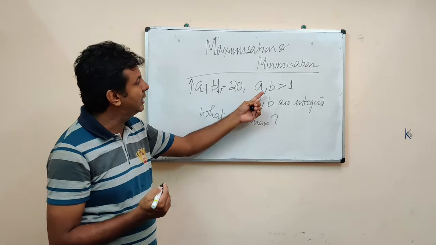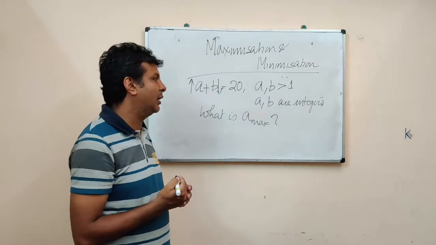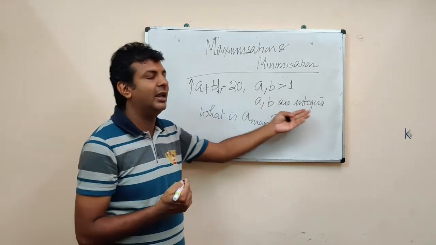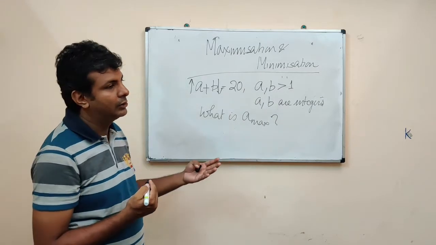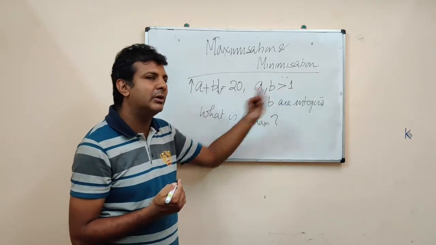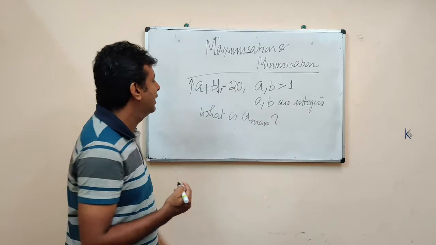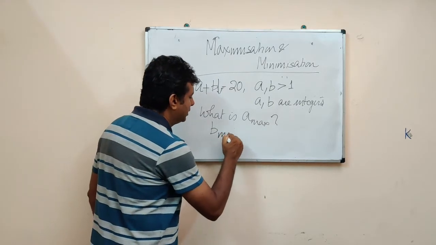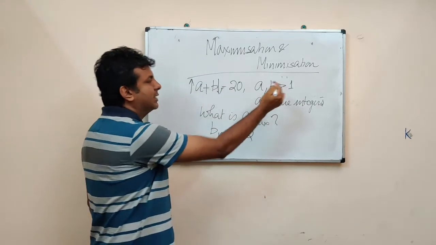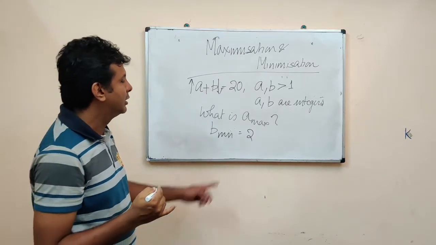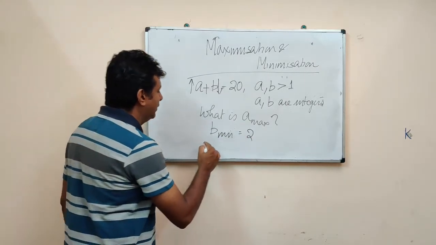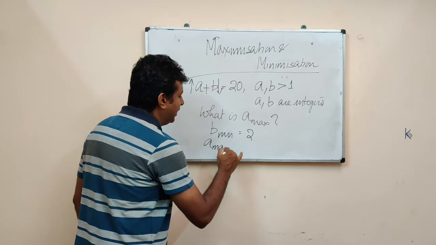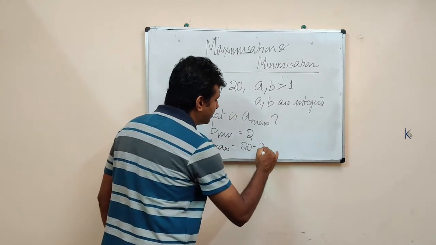No, because it is already said a and b are greater than 1. And can b be any other value other than an integer? No. So, which is the minimum possible value for b? b minimum is 2, because that is the closest value to 1. So, if b minimum is 2, then a max will be 20 minus 2, 18.